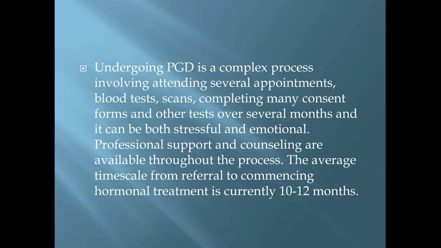And undergoing PGD is a complex process involving attending several appointments, blood tests, scans, completing many consent forms and other tests over several months, and it can be both stressful and emotional. Professional support and counseling are available throughout the process, and the average time scale from referral to commencing hormonal treatment is currently around 10 to 12 months.